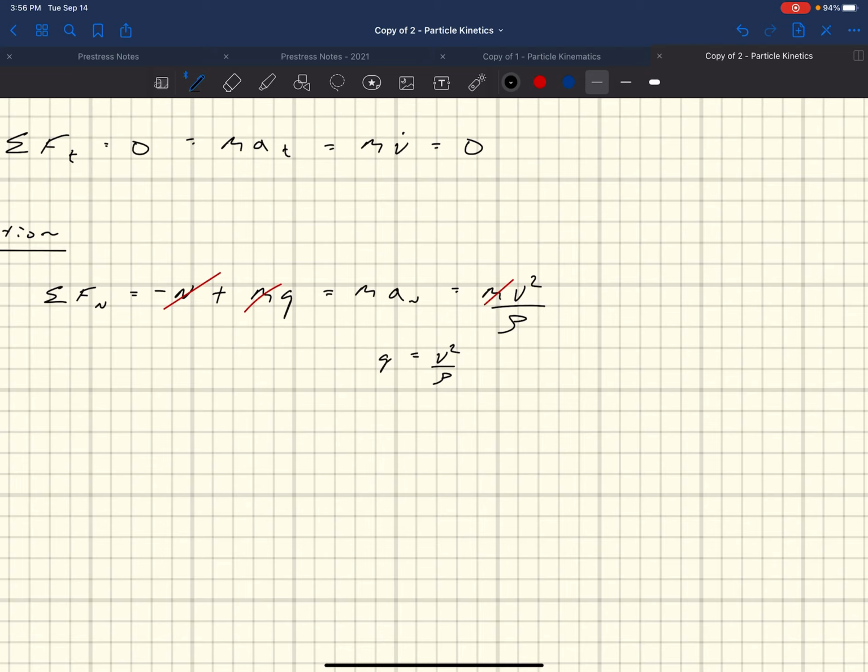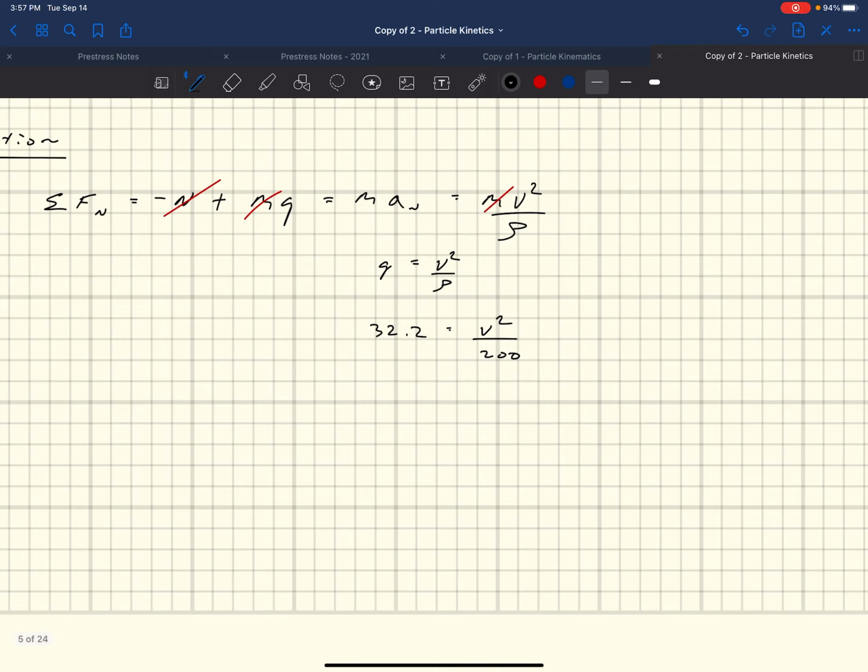Okay. And so we know what g is, right? 32.2. I know what rho is, which is 200. So 32.2 is equal to v squared over 200. And if you solve for that velocity, I just plug that into my calculator, it's 80.2 feet per second.